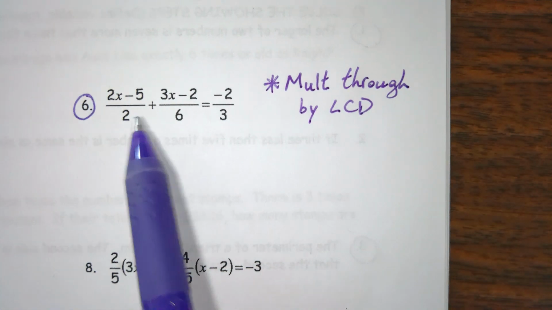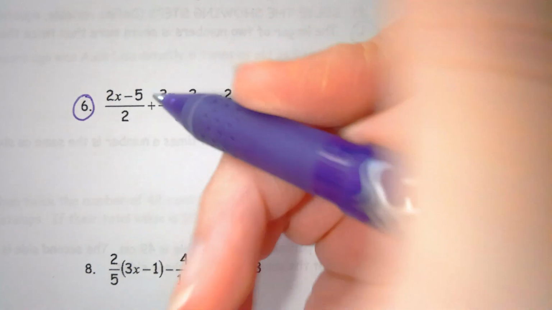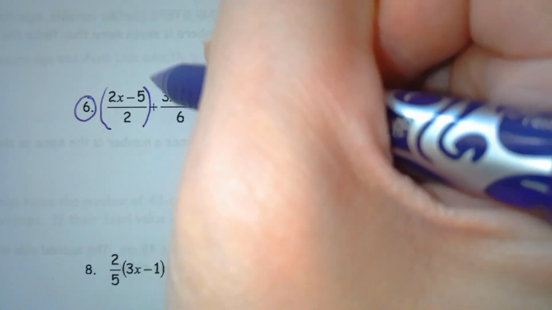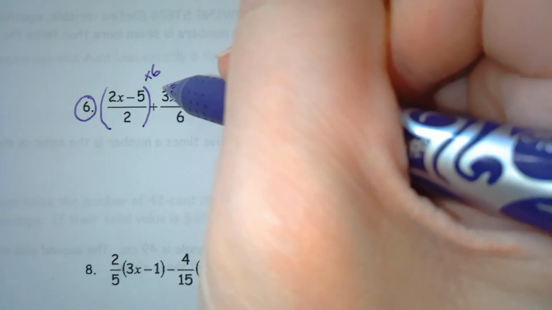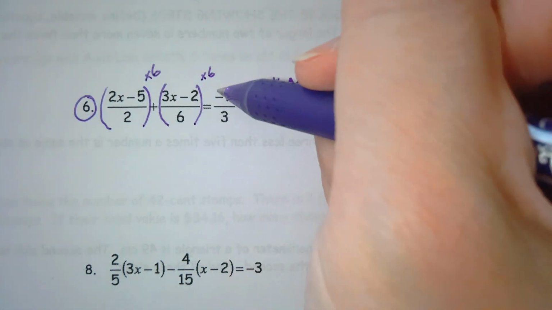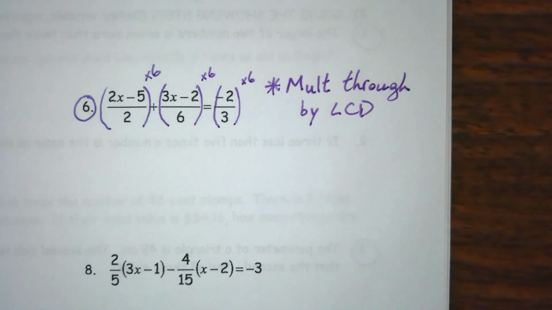So between 2, 6, and 3, what's my lowest common denominator between them? William? 6. So I'm going to multiply this whole thing by 6, this whole thing by 6, and this whole thing by 6. You'll see what happens.